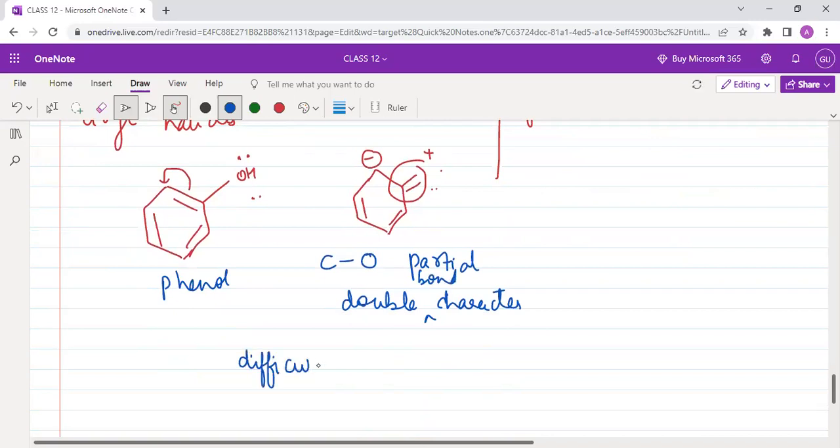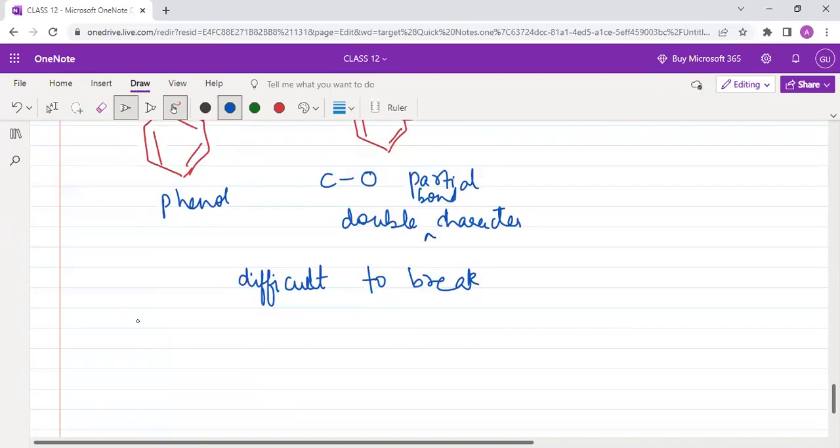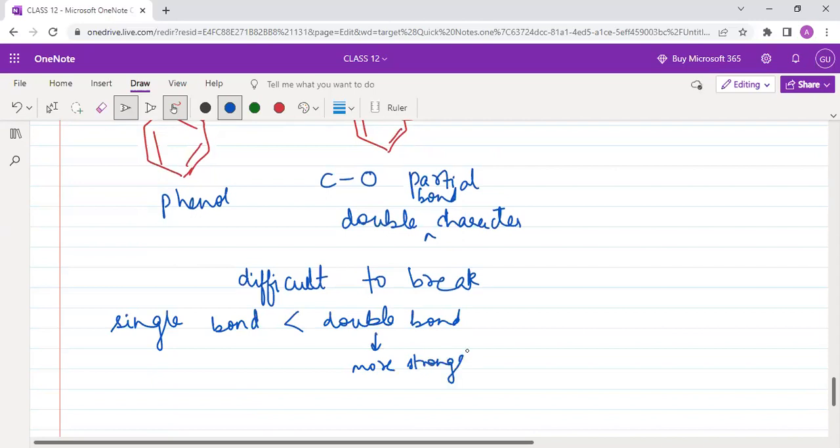In comparison to a single bond, a double bond is stronger, so that's why it is difficult to break. Is it clear?